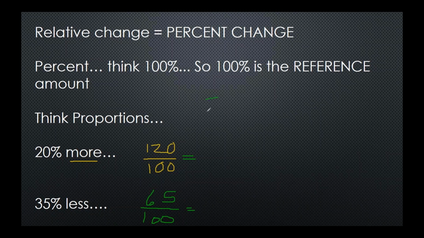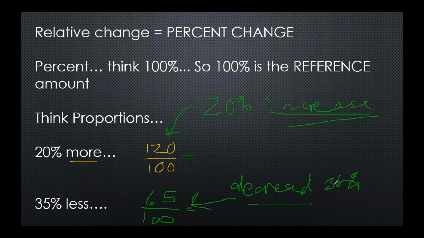That also means if I say we have a 20% increase, that would be here because increase implies getting bigger. Or if I say something decreased 35%, decrease means it got smaller, that would give us this ratio. So the word increase and decrease also imply relative change.